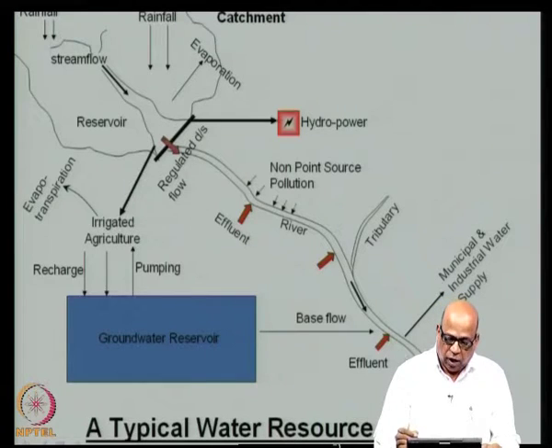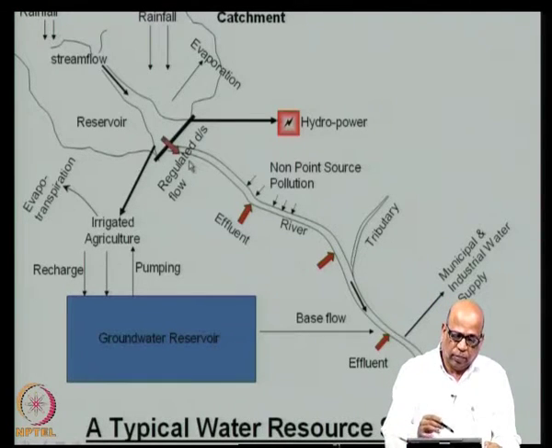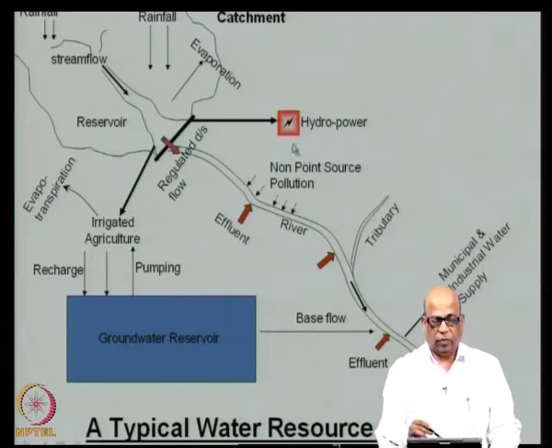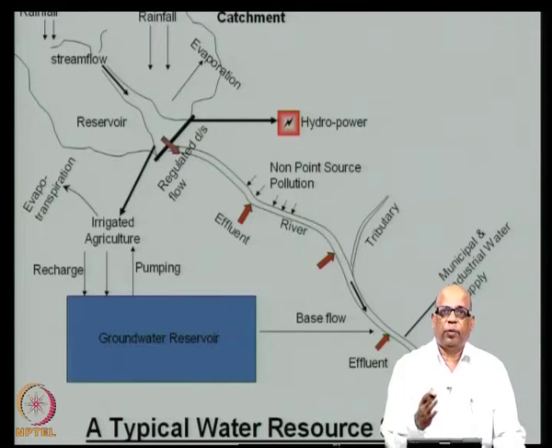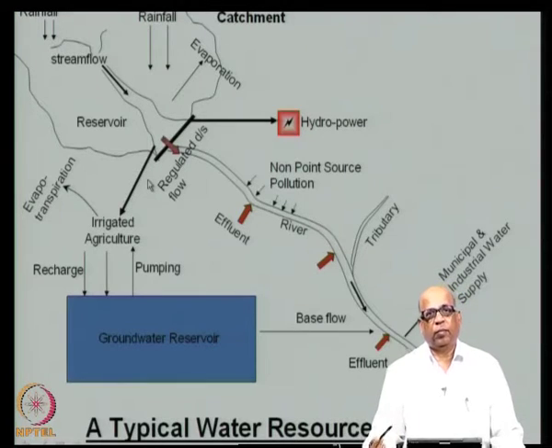Oftentimes, we may look at individual components. In fact, in many situations, we look at individual components. Let us say I look at only the reservoir operation, lumping all other systems. So, we may lump the total demands, we may lump the groundwater contribution, or we may ignore the groundwater contribution, we may ignore the water quality component, and so on, and simply look at the reservoir here, look at the total demands, look at the hydropower, and then operate the system in an optimal way.